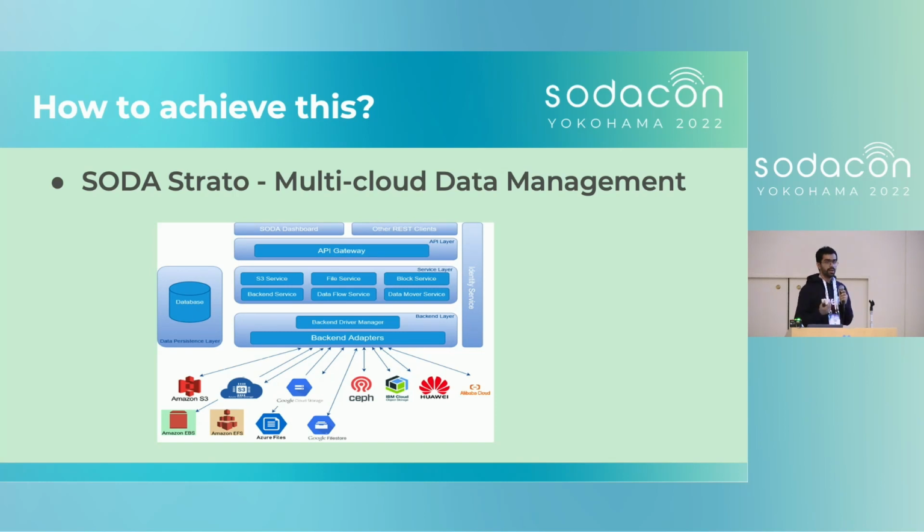And of course, you can also leverage this to potentially manage with on-prem as well. But this is primarily the main benefit of using Strato, because it also provides support for multiple types of storage, whether it's object storage or block storage. And you can leverage the Soda Foundation Strato project for that use case specifically.